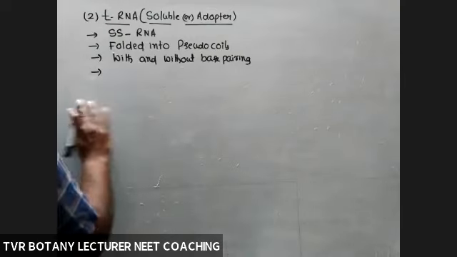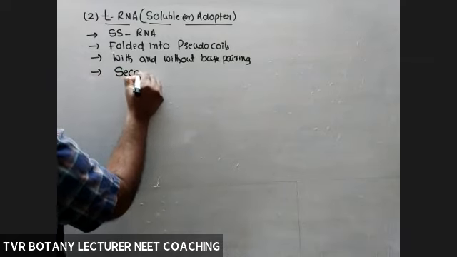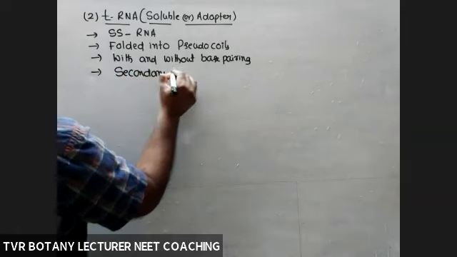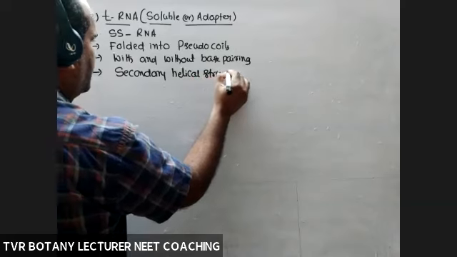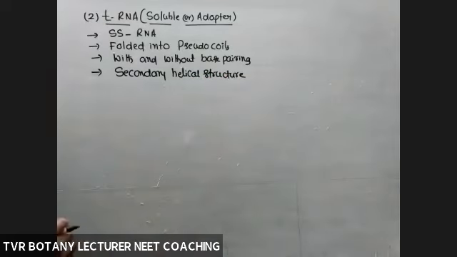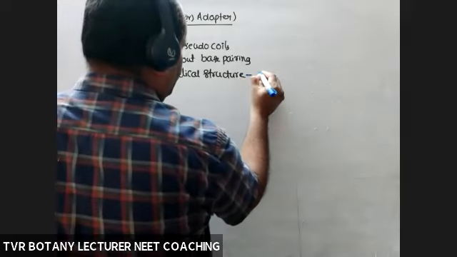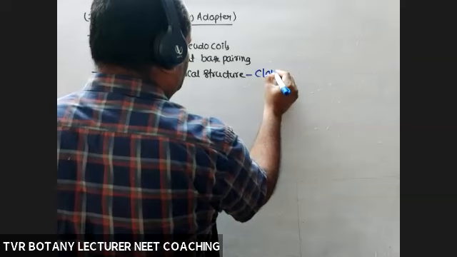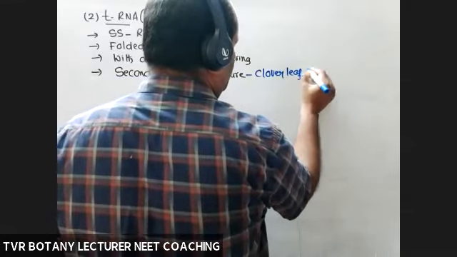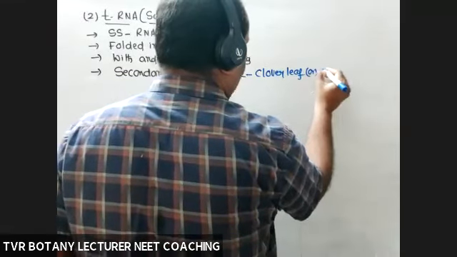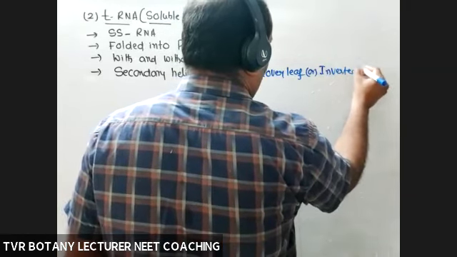Next. It shows a secondary helical structure, that is, cloverleaf or inverted L model.